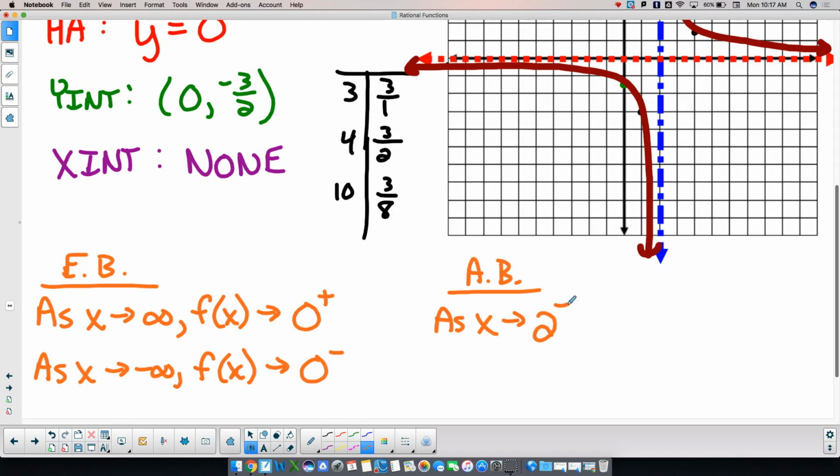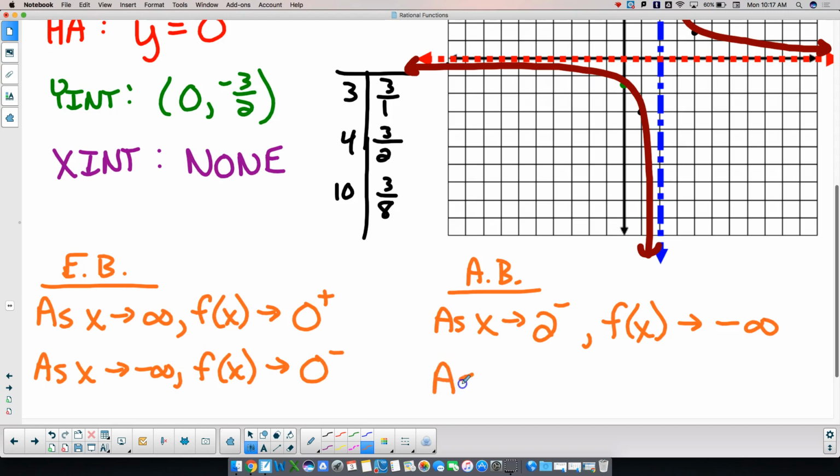Okay. So what's my function doing on the left side of my asymptote? It's going to negative infinity, turn down. Yeah.